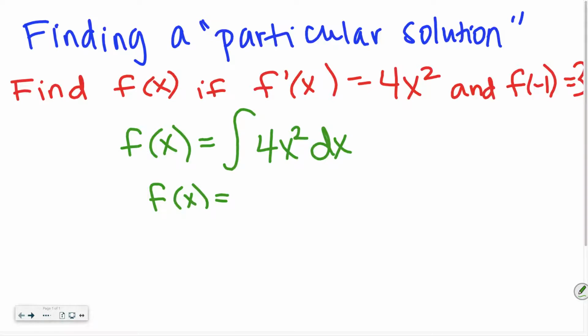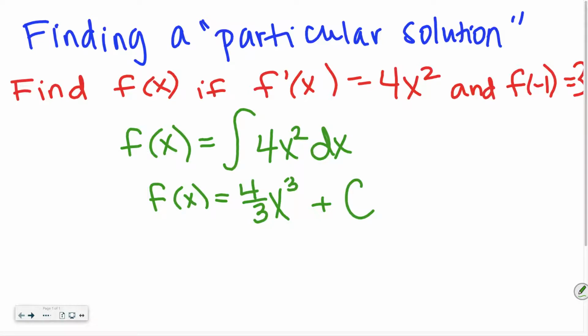Cristiano, what is the antiderivative of 4x squared? Thank you. Okay? If we don't have any other information, this is where we stop.